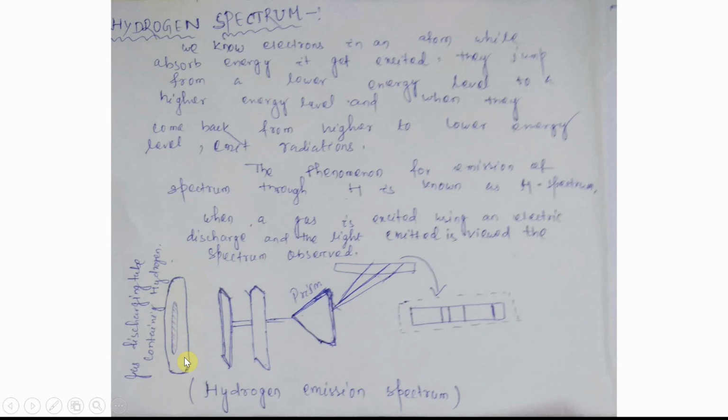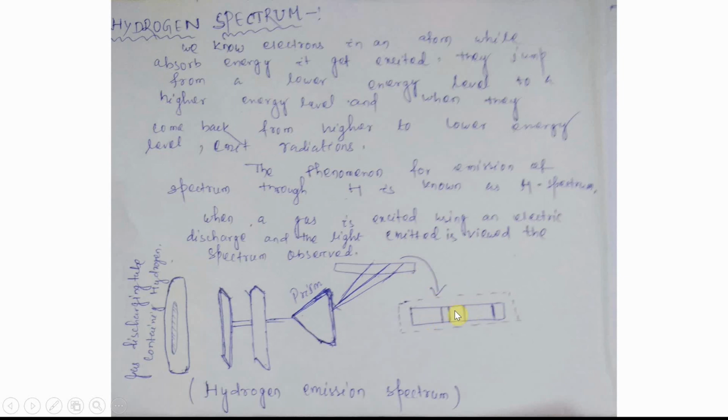When we excite this hydrogen gas, the light passes through the tube and finally falls on the prism. Here a diffraction pattern will be obtained. I will discuss it later in the optics chapter, but you have to just look at one thing, that this diffraction pattern shows different spectrum.